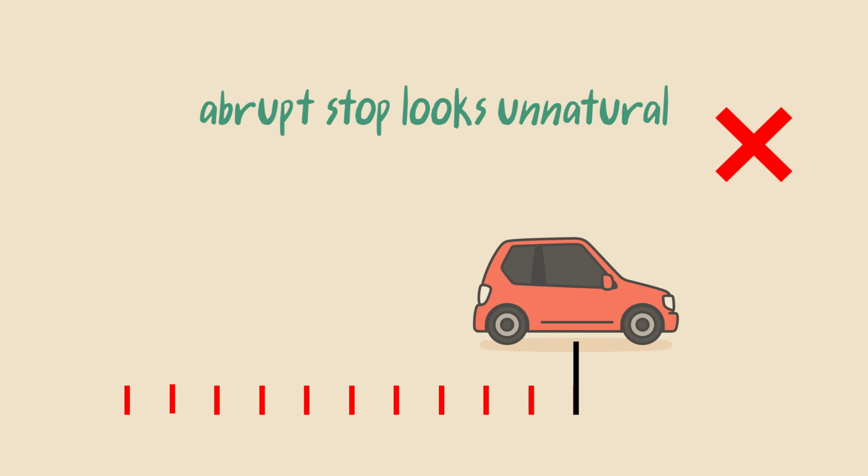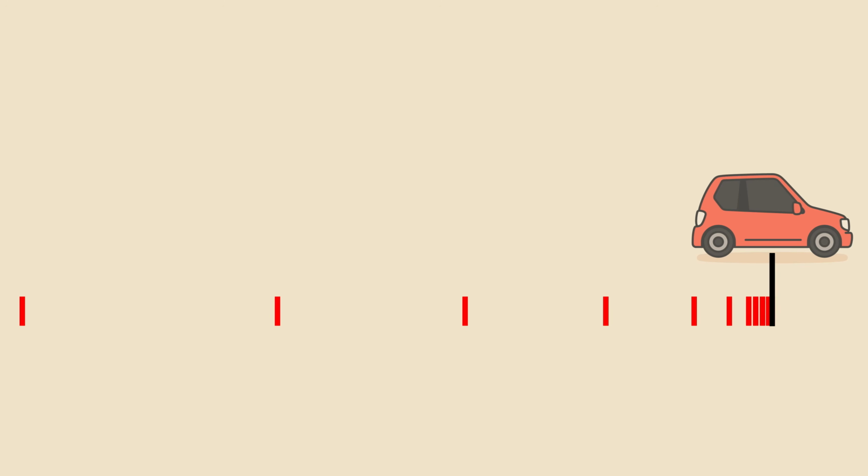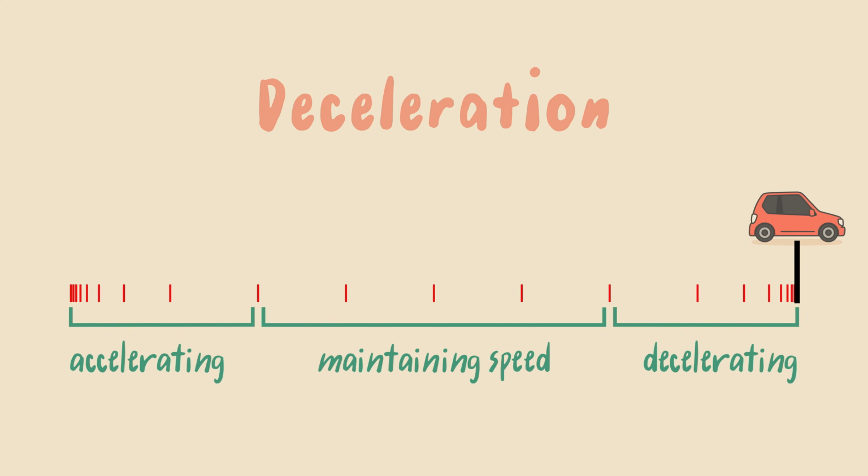So you hit the brakes. And the way physics work is that when you hit the brakes, the car doesn't stop right then and there, right? When you hit the brakes, the car would gradually slow down until it comes to a full stop. You call this slowing down deceleration.